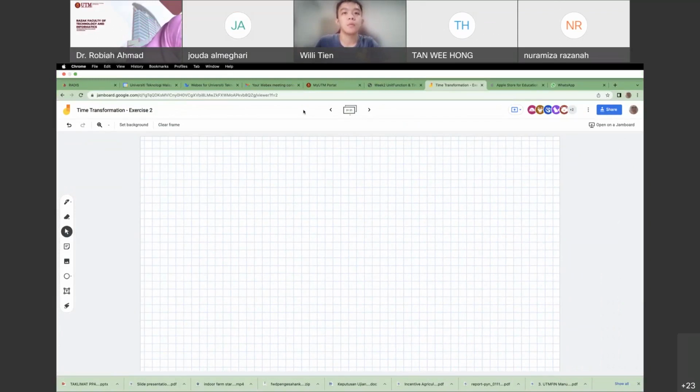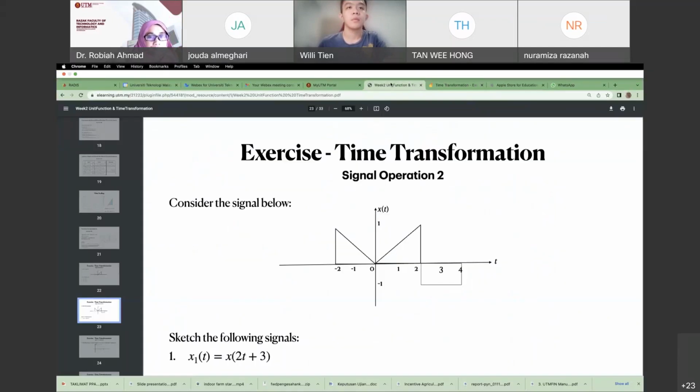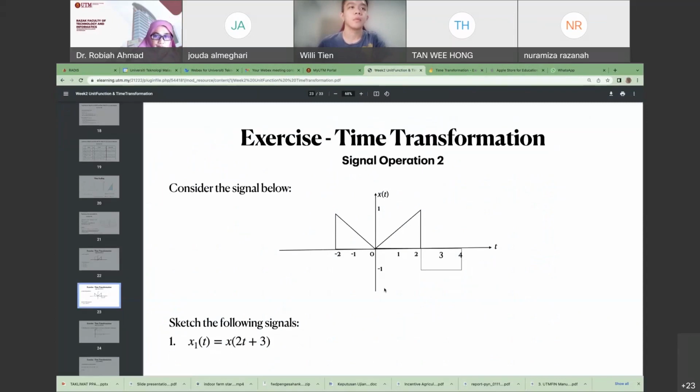I want to copy this. Okay. So this is the question. So we have sawtooth and then square. Then we have to do the scaling and the shifting.